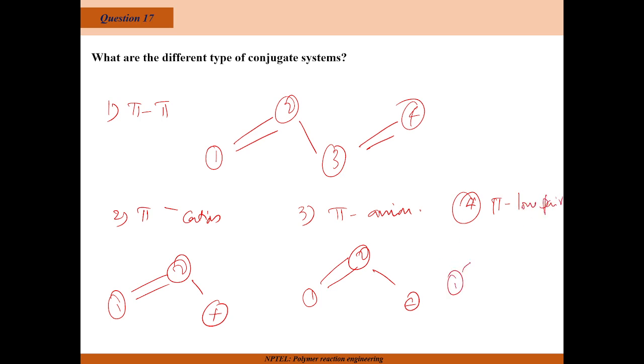Here, at one end it is a pi bond, and at the other end it is a lone pair. A lone pair is basically electrons that are not participating in the reaction. For example, H2O, where this is the lone pair electron. So these are the four kinds of conjugate systems.